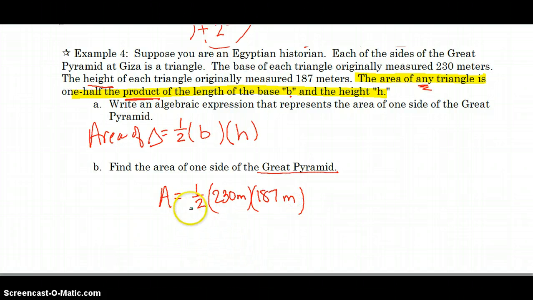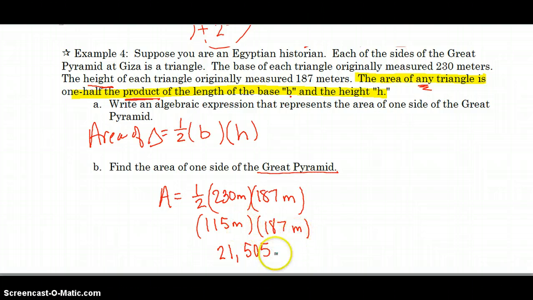So first I'm going to take half of 230, 115 meters, times 187 meters, and 115 times 187 is going to give us 21,505, and meters times meters is meters squared.